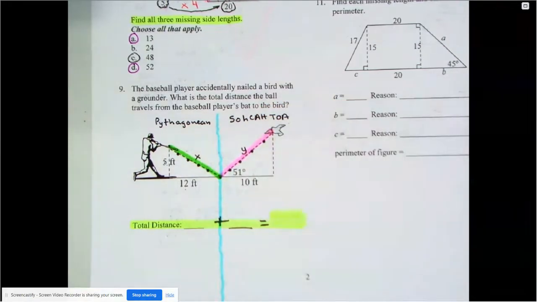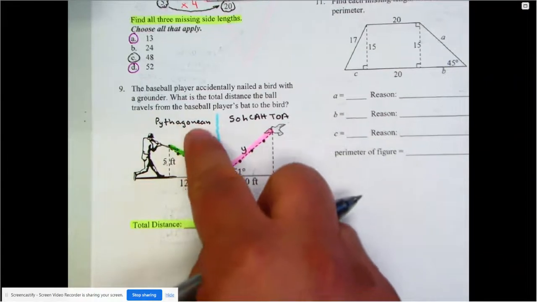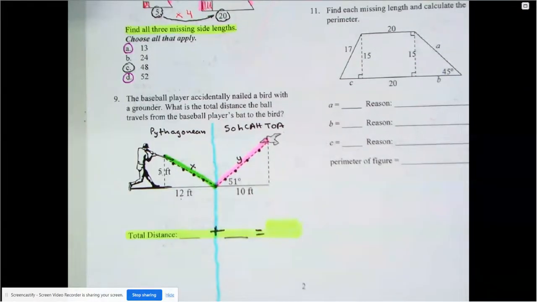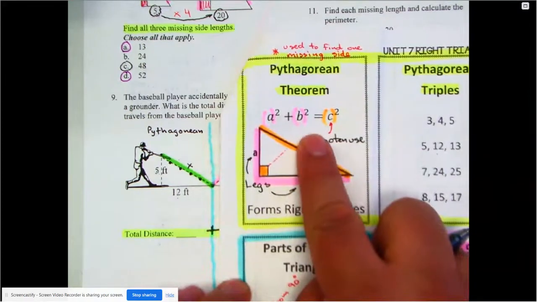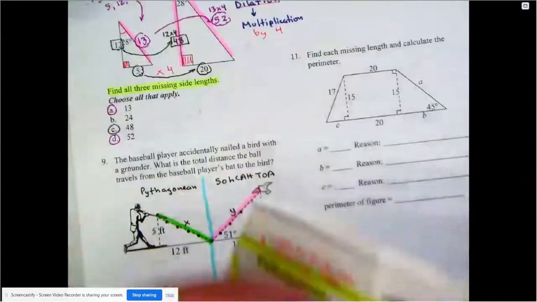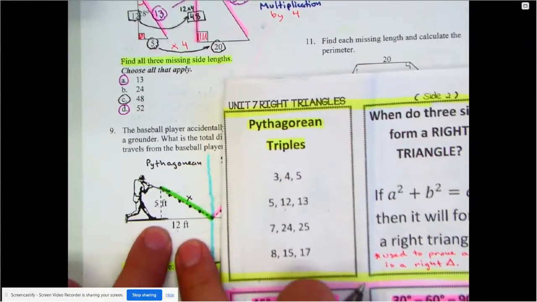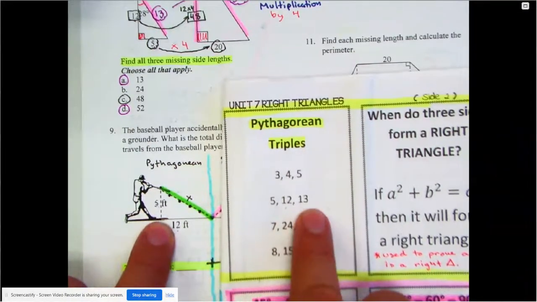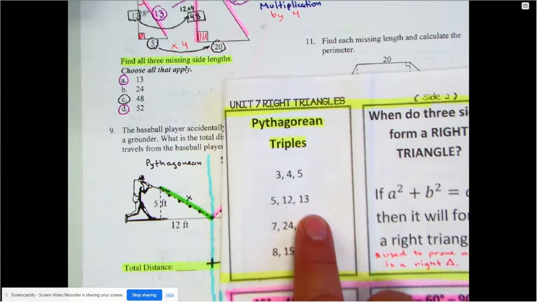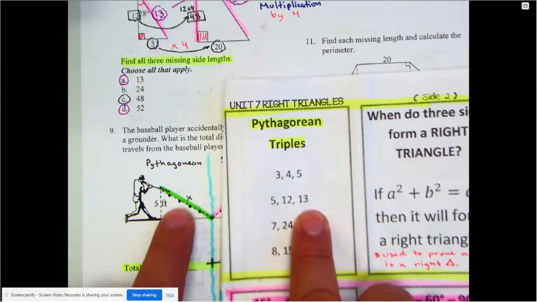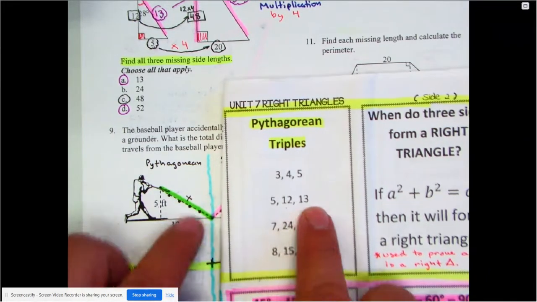All right, let's do one side at a time. Now, when it's Pythagorean, remember, we can save time if it's on that list. So yes, I can use the Pythagorean theorem, but let's keep an eye on this thing. Let's see. 5, 12, 5, 12. There it is. We got a triple going here. This side is going to be 13 because they already did the work for us.